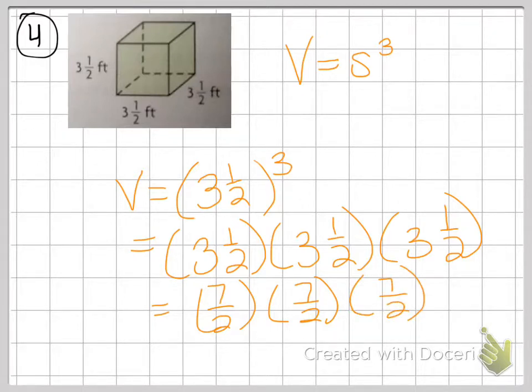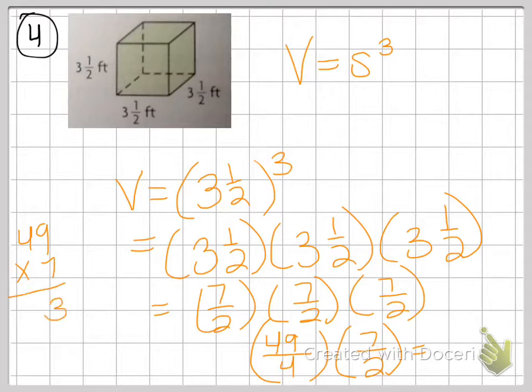And 7 times 7 is 49. And 2 times 2 is 4, times 7 over 2, 49 times 7. We get 343 over 8.